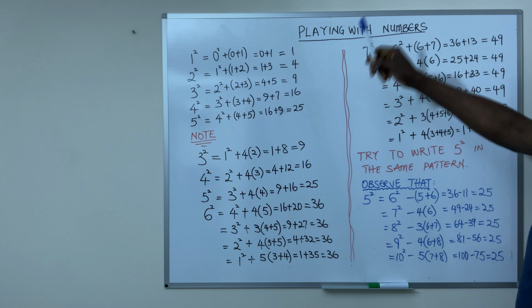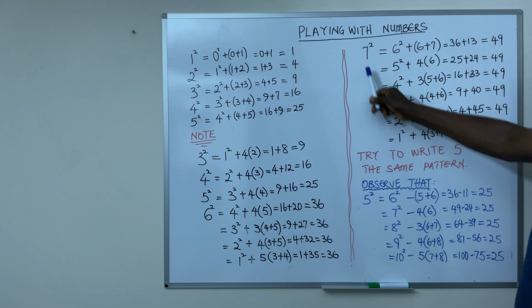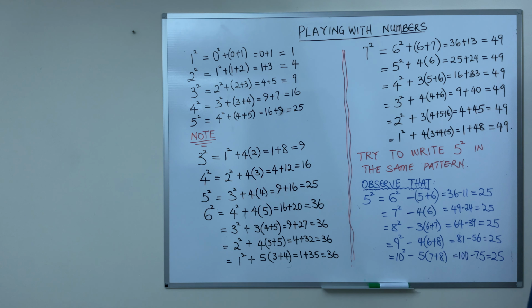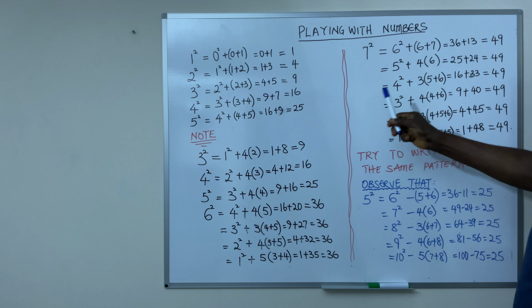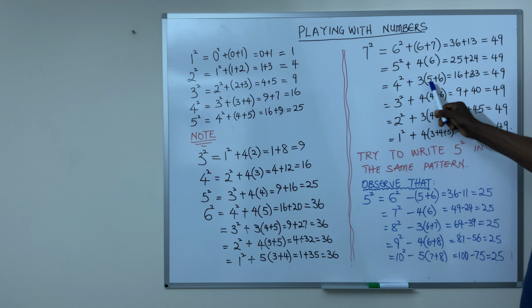Now let's come to 7 squared and 4 squared. The difference between them is what? 3. We put 3 here. Then between 7 and 4, we have 5 and 6.